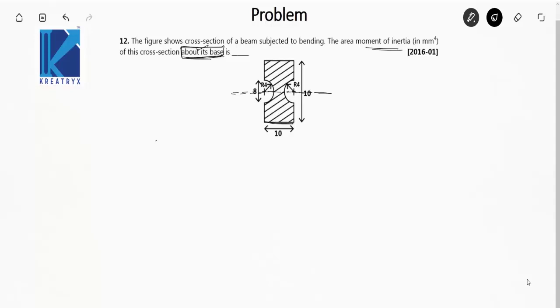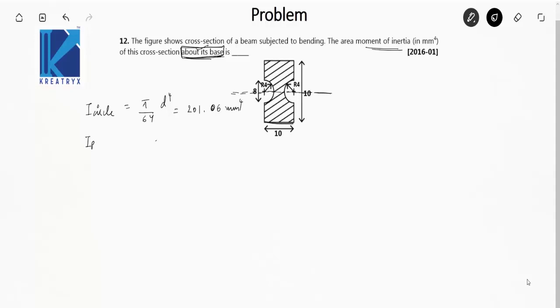Moment of inertia of this circle: two semicircles make a circle, we know. So I circle is equal to pi by 64 d raised to power 4. The diameter of the circle is 8 mm. When we solve this, we get the moment of inertia of this circle about the centroidal axis as 201.06 mm raised to the power 4.